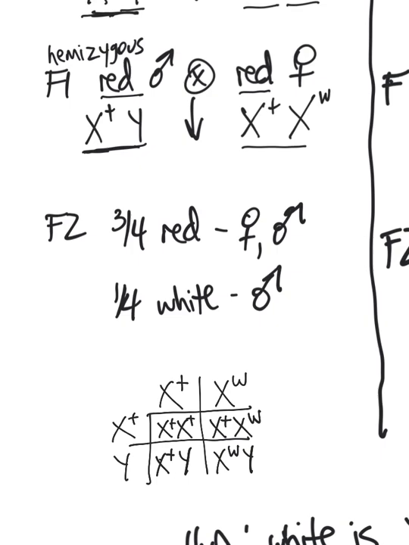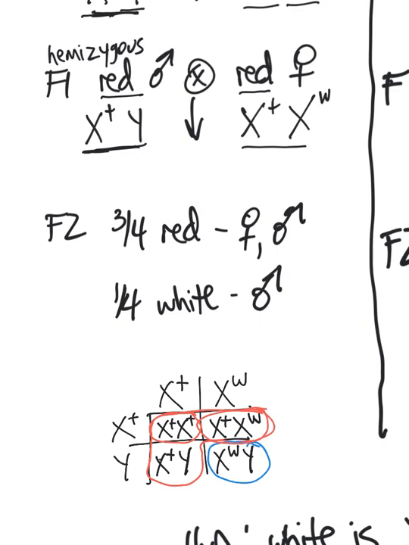So you can see in our results here, we have 3 possible outcomes that give us red eyes, 1 outcome that gives us white eyes, and all of the females that are generated here, whether they are homozygous wild type or heterozygous, are going to have red eyes.